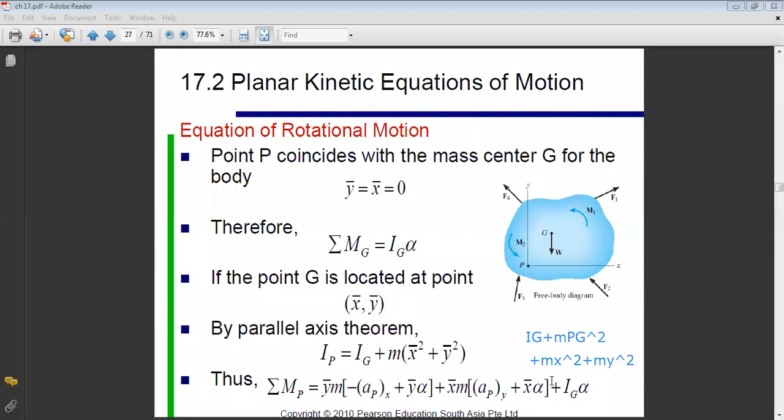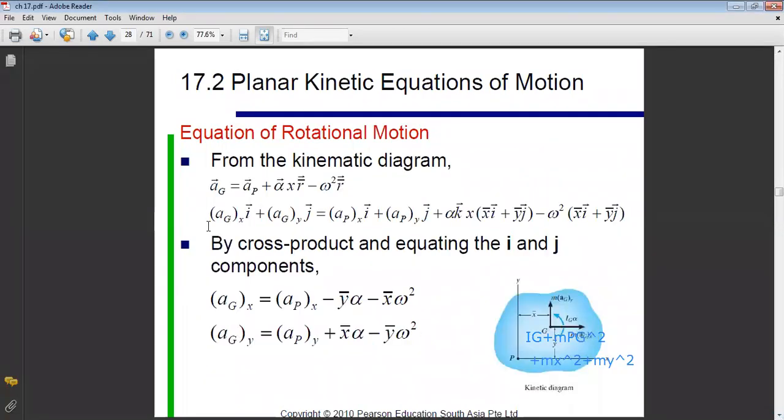Yes. Okay. Now, what I want to do is to get rid of AP. So I want to relate AP to AG. To do this, P and G are two points of one rigid body. This is why I can relate their accelerations using the rule we developed in the previous chapter, which is AG equals AP plus alpha vectorial R minus omega square R. Now I will replace each vector by its expression.